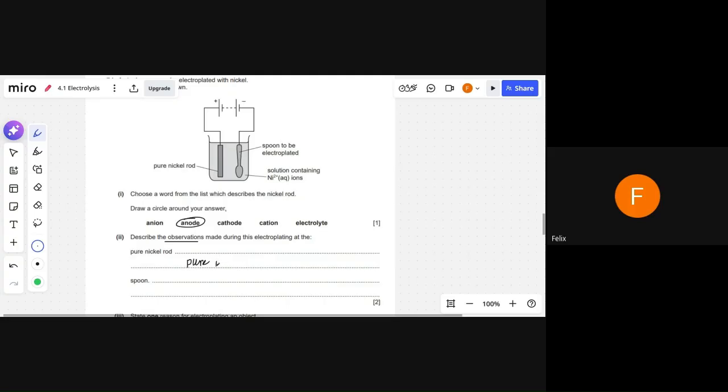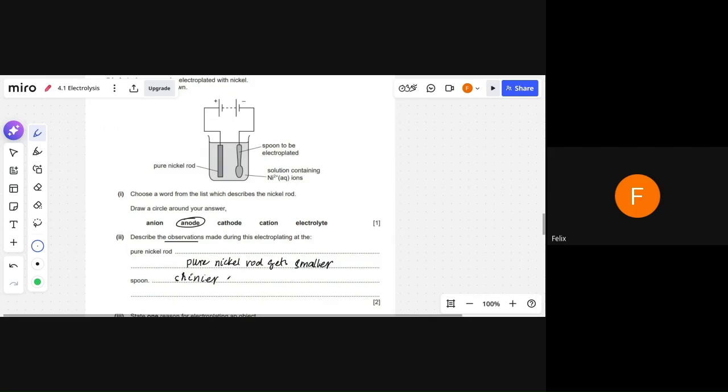For the spoon, since the nickel is being deposited on the spoon, and nickel is used to give shine and make the appearance better, the spoon will get shinier.